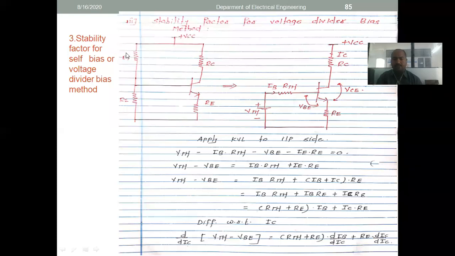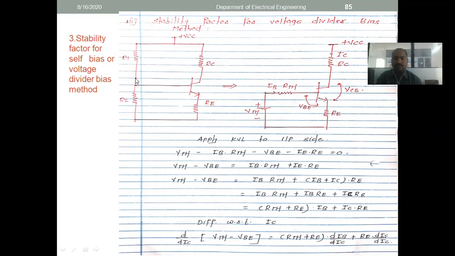Why is it? Because when we analyze this diagram, the analysis is complex, so we have to analyze this diagram by applying Thevenin's theorem and reduce the diagram.